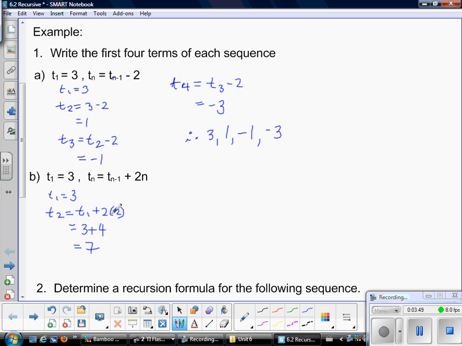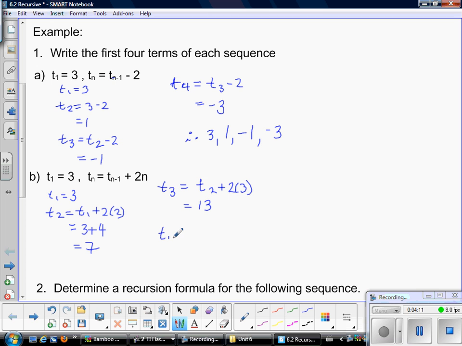You don't have to show all of these steps by any means. I'm just showing exactly where my numbers are coming from. T3, according to my formula, I need t2 plus 2 times my term number, which is 3. So I have 7 plus 6, which is 13.